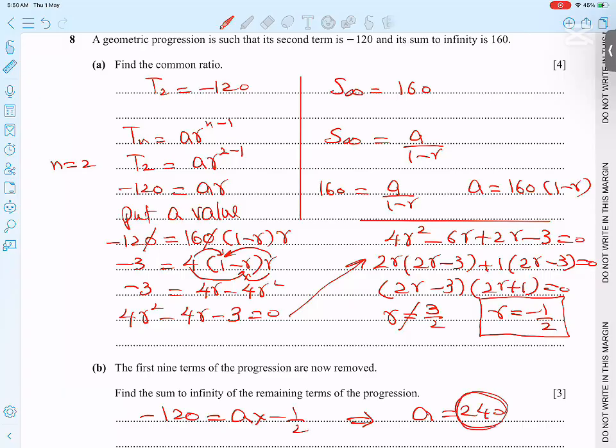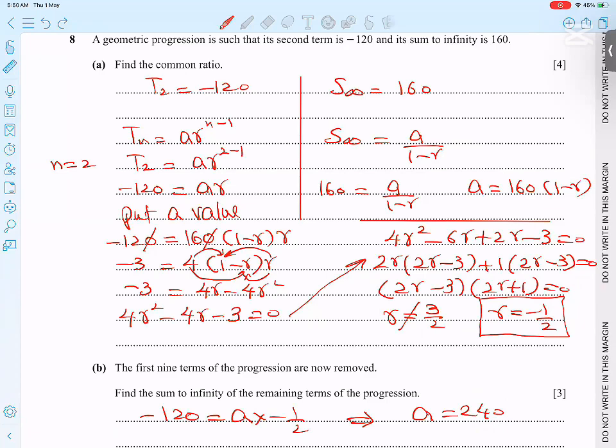From 240, if I need to reach this negative second term, naturally if I multiply with this number I cannot get a negative second term, but if I multiply with this, I must get negative. I hope you got my point. That is why this is not possible, and this is the only possible way.